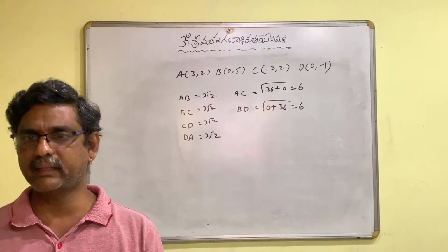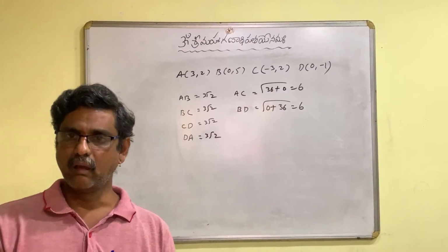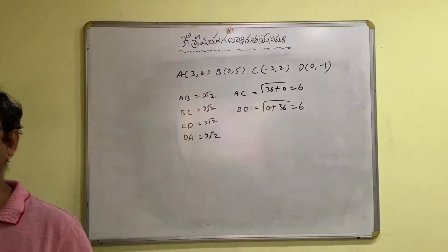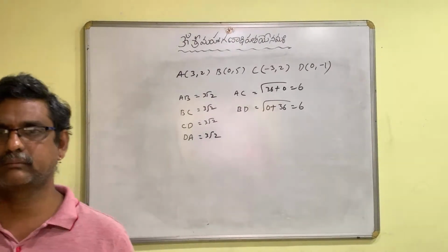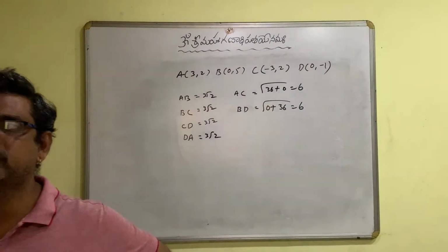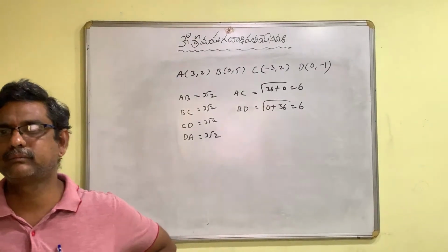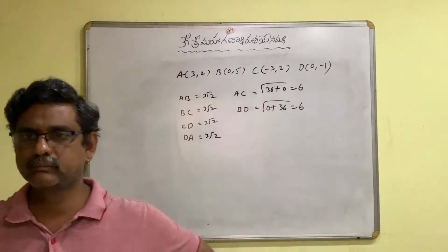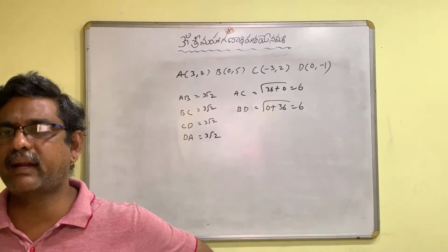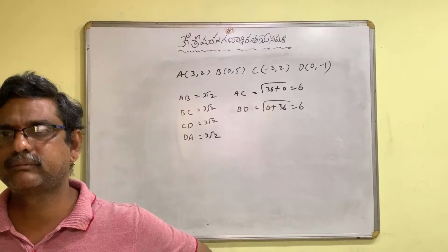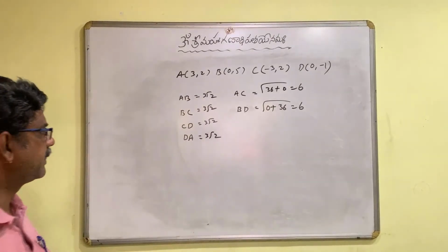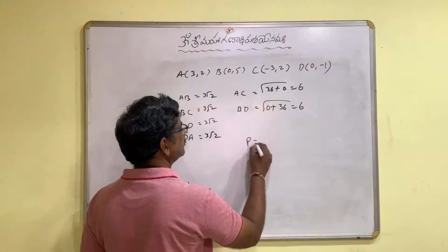So what is the perimeter then? What is the perimeter of the square? We know perimeter of a square is 4 into side.